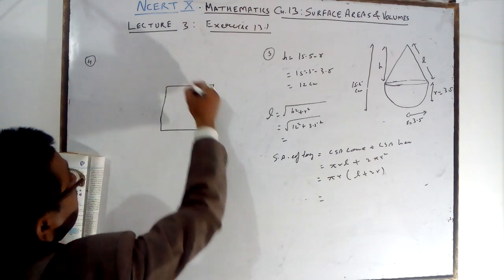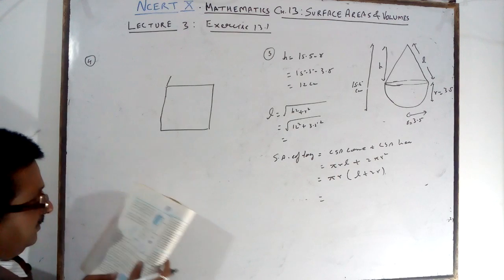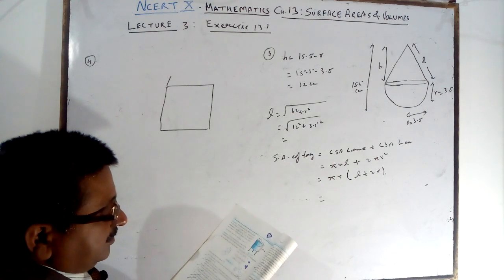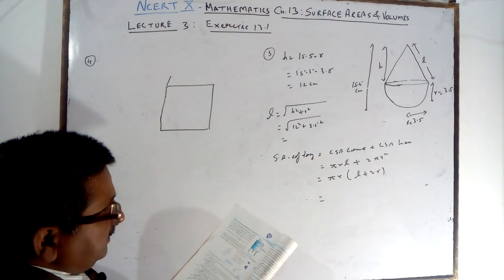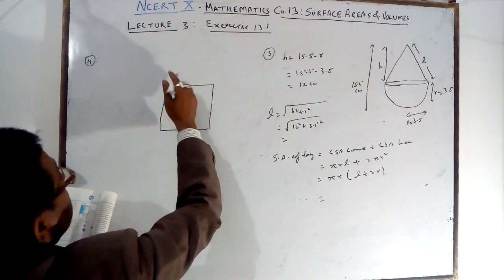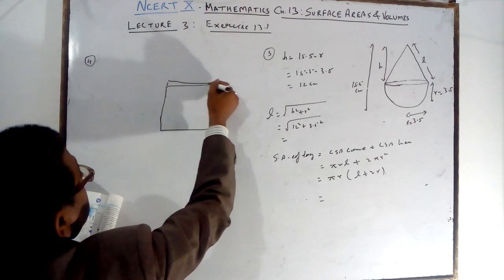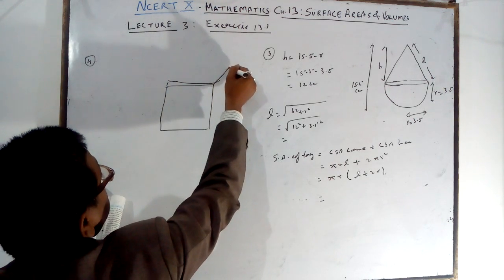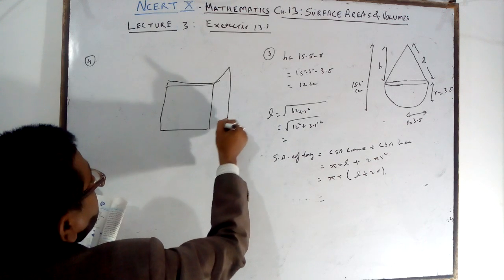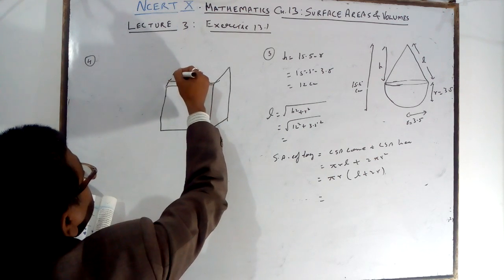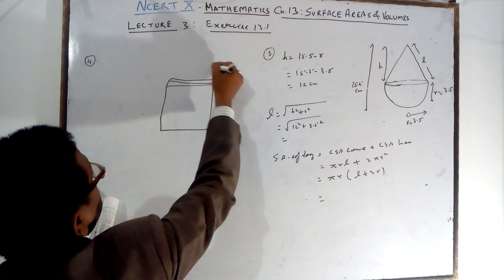This is a cubical box, surmounted by a hemisphere. What is the greatest diameter? Surmounted by means their diameter is like this.